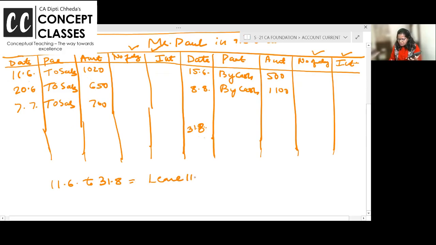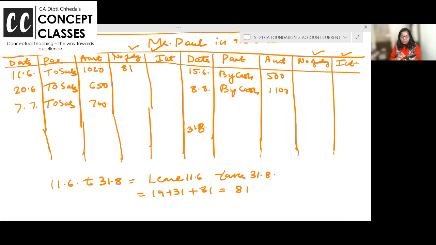Leave 11th June, take 31st August. How many days of June? 19 days. July 31, August also 31. Check how many days? 81 days. Clear to all of you?